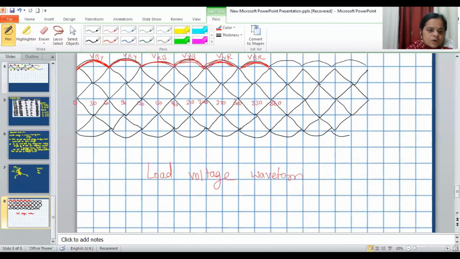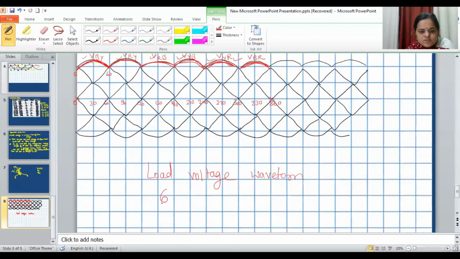Now if you see the load voltage waveform, this is 0 and this is 60. So the load voltage is repeating its value after an interval of 60. And you can observe that in one complete input cycle, that is 0 to 360, how many output pulses am I getting? 1, 2, 3, 4, 5, 6.